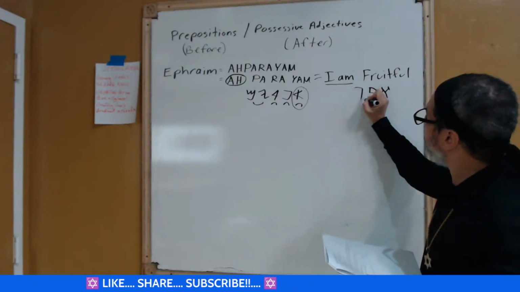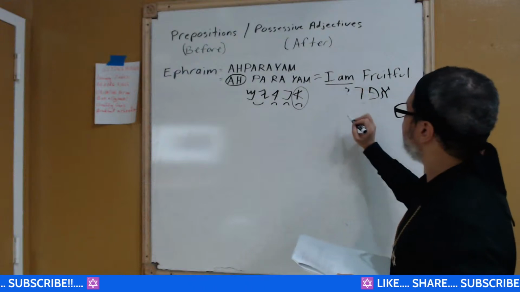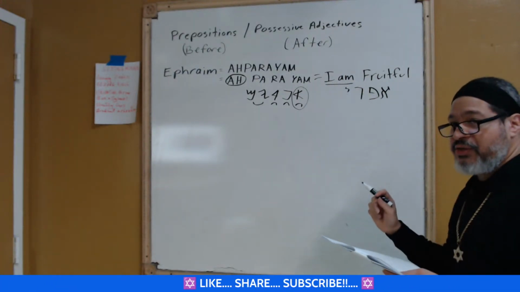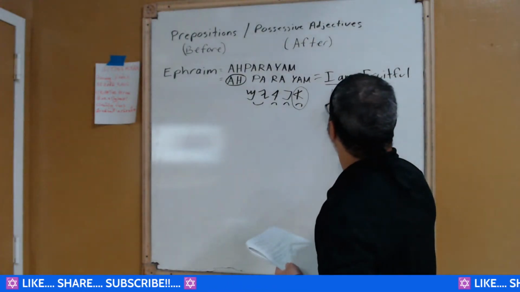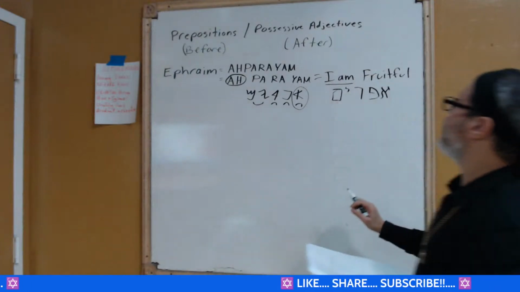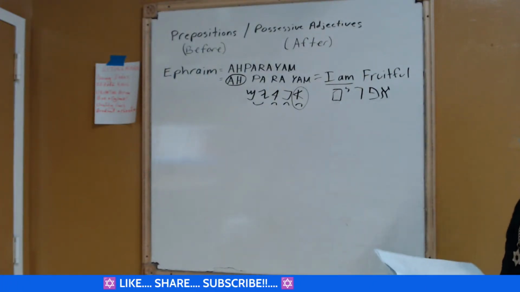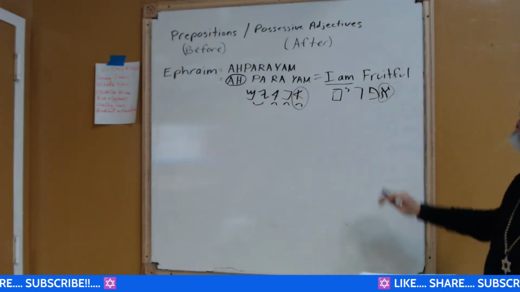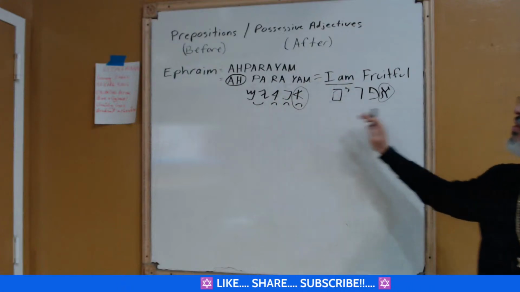Ra, Ya. And then the M, remember there's two different characters. This is appearing at the end of the word. Apart. And this is the first Ah. So Ah. I. So that's the I.